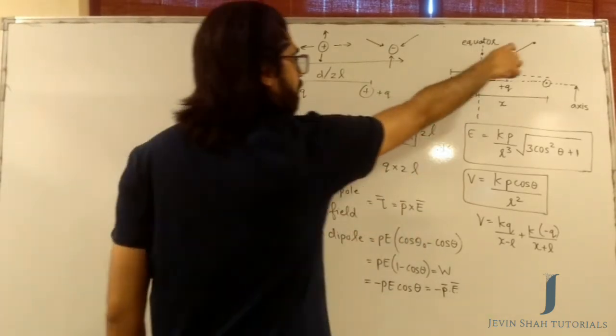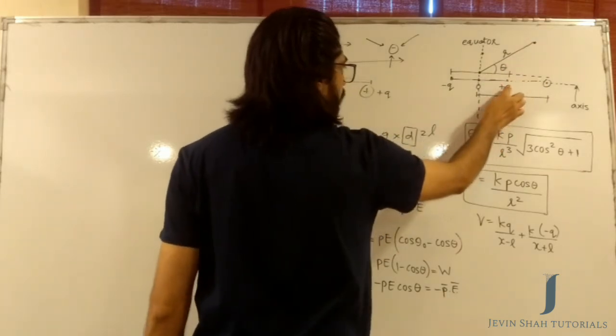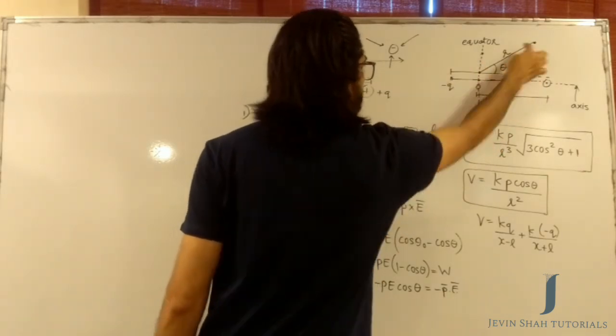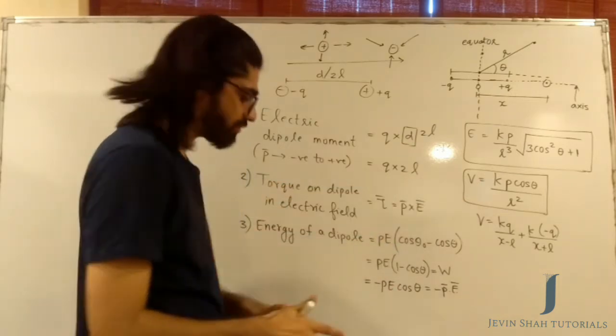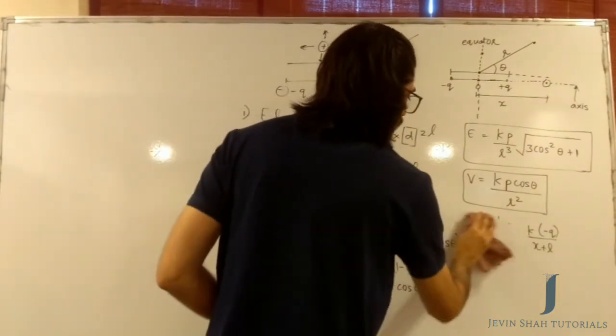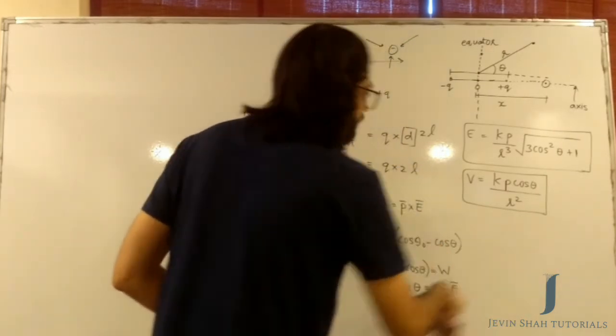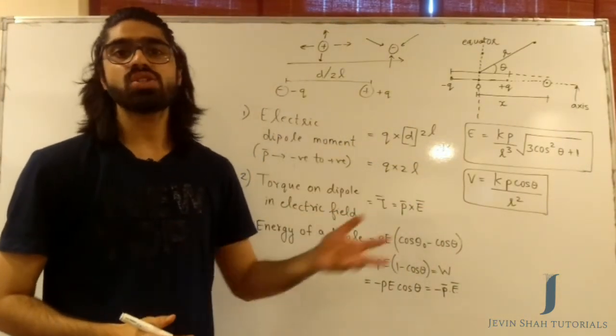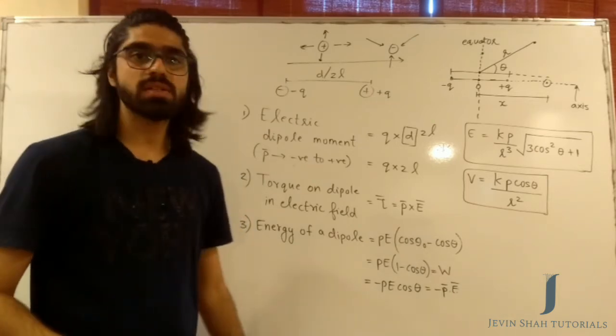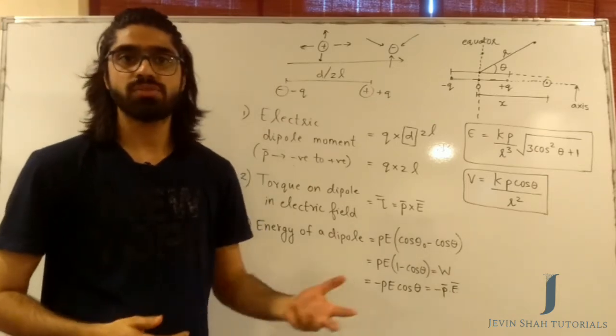That is, potential at this point will be the potential because of plus q plus the potential because of minus q. Simplify the formula and this is what you will have. So these are two formulae for electric field intensity and the potential generated by a dipole at, in general, a random point. So these are the discussions that keep happening around an electric dipole.